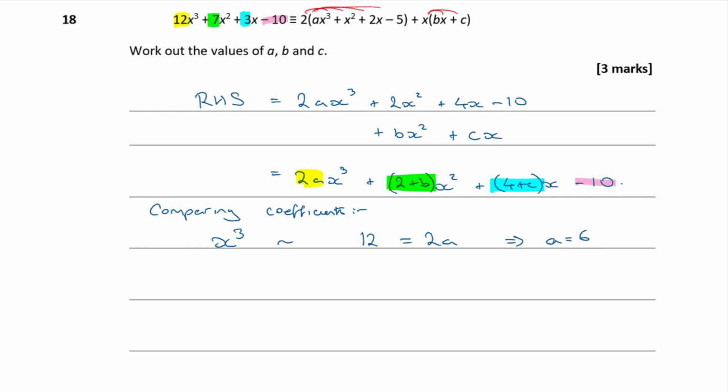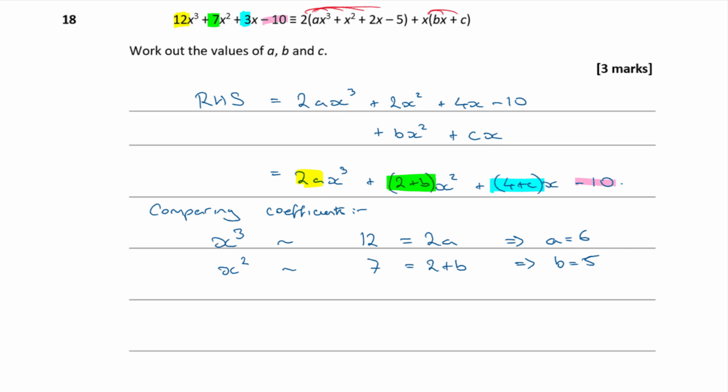Now comparing the next coefficient, x squared, what have I got there? For x squared I've got 7 on the left hand side, and I've got 2 plus b on the right hand side. So that tells me then that b must be equal to 5.